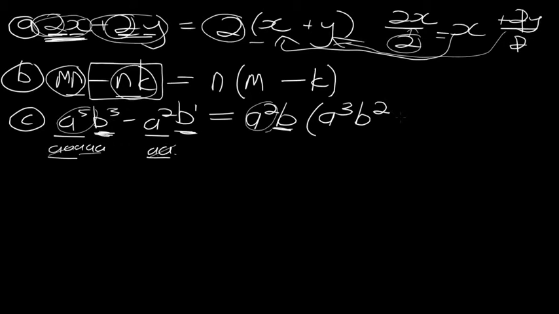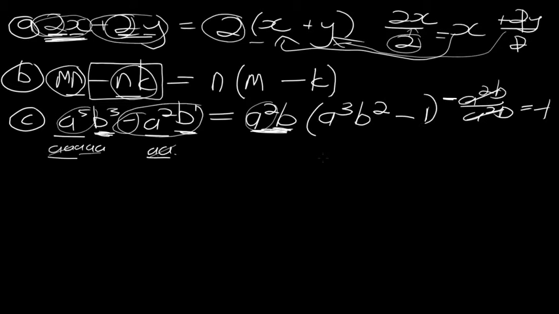If you look at the second term, we've divided a squared b into a squared b, so you're left with a squared b divided by a squared b, and remember that minus in front of the term there, so you're left with minus 1, and that's why we put it like this. So this is what is left in the brackets after we've taken out a squared b.